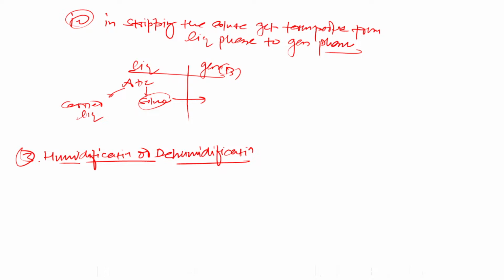Now, what is humidification? Just like in absorption and stripping, the difference is only in the direction. Same thing here. Humidification and dehumidification depend upon the direction of the transport.